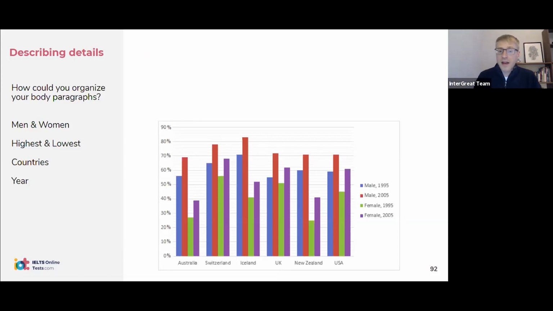Yes, looking at the graph in more detail, we can see that would be an okay way to start your paragraph. And an analysis of the bar graph reveals that. Yeah, it's quite nice as well. That would be a good way to start your body paragraph.